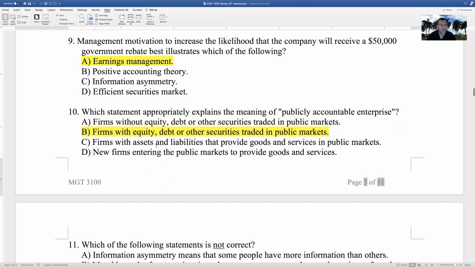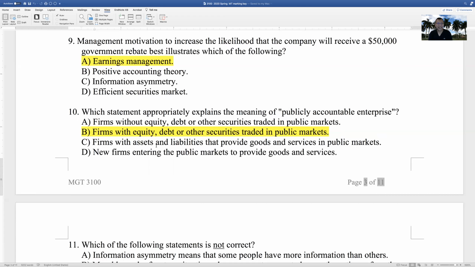Question 9, management motivation to increase the likelihood that the company will receive a 50,000 government rebate best illustrates which of the following? So earnings management.